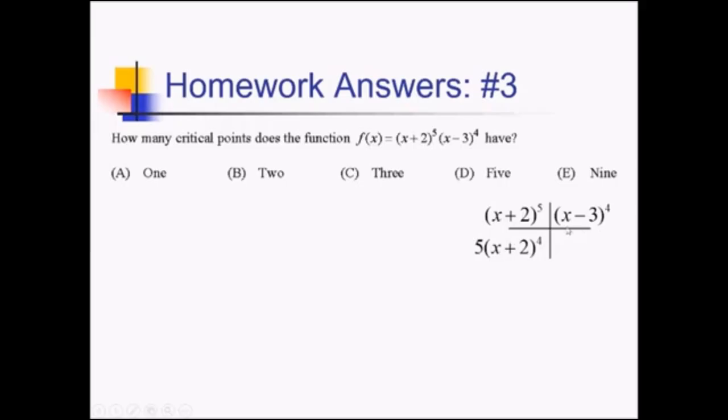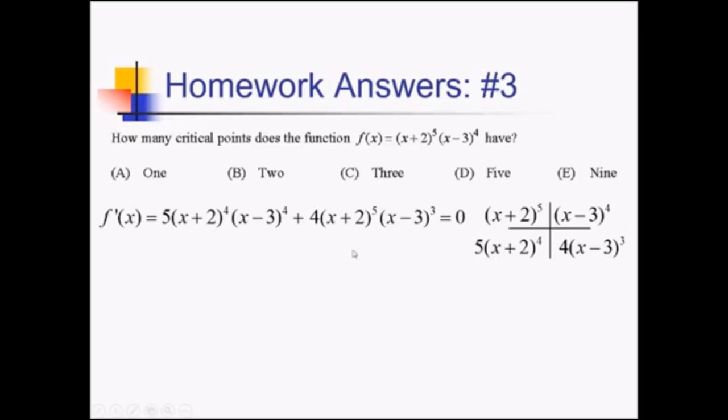And over here, derivative of this is going to be 4 times (x-3) cubed. At this point, let's put it all together with the ribbon. So I have 5(x+2)^4 (x-3)^4, and then we also have 4 (x+2)^5 (x-3)^3. And we need to set this thing equal to 0 and solve.